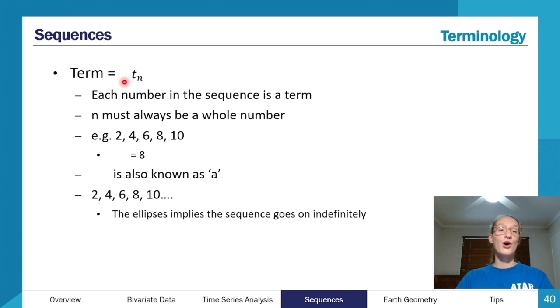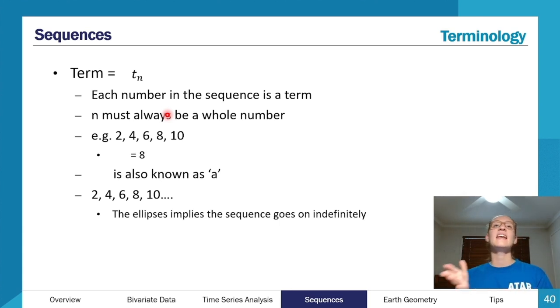A bit of sequence terminology. When we're talking about a term in a sequence, that's denoted Tn. So for example, T1, when n is equal to 1, that's the first term in our sequence. If I was talking about T17, we're talking about the 17th term in the sequence. And n always has to be a whole number.